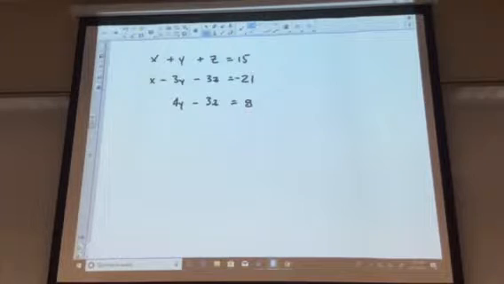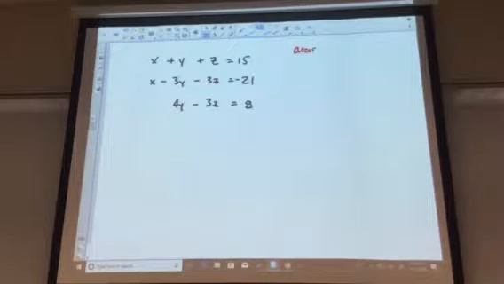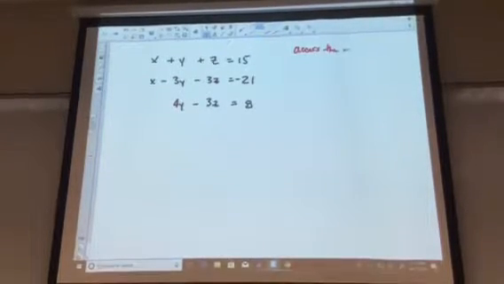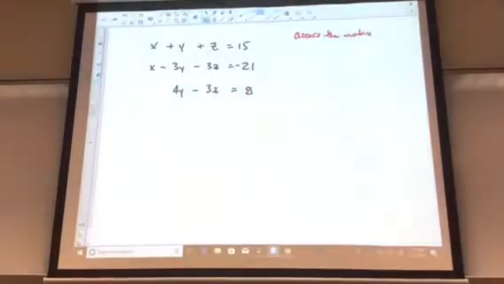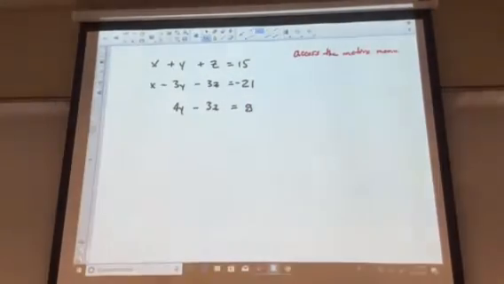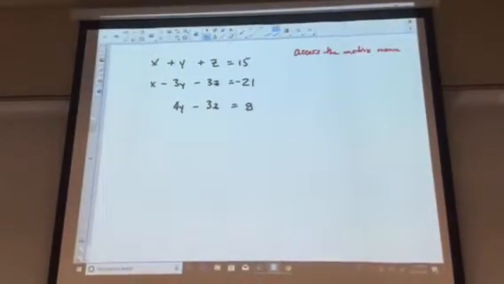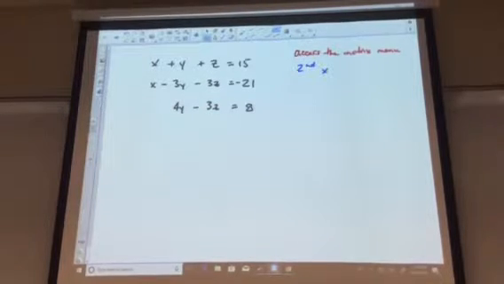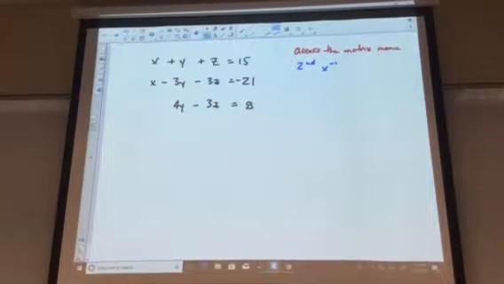So again, our steps here would be to access the matrix menu. And we know that that's second and x to the negative 1.